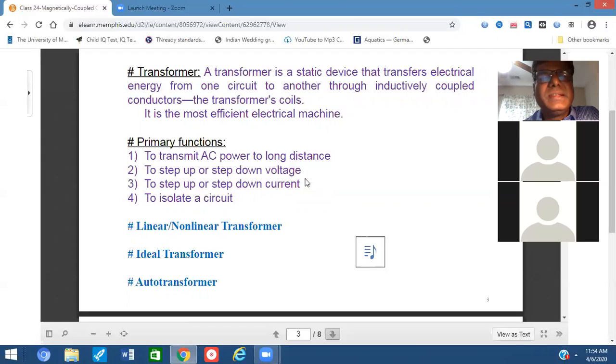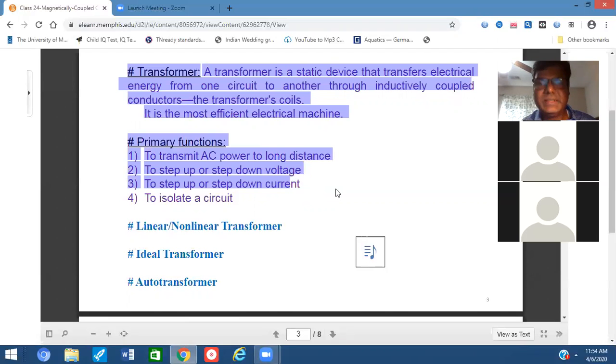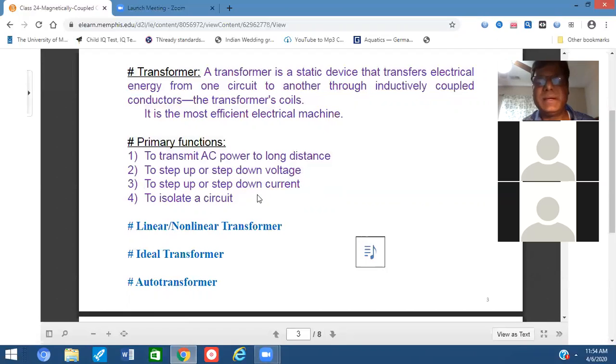Similarly, you can step down. For example, you have 1000 volts on the primary. You can make it 10 volts, 1 volt, or 100 volts, depending on your requirement. You just need to adjust the number of turns on those coils. Similarly, it can step up or step down the current.